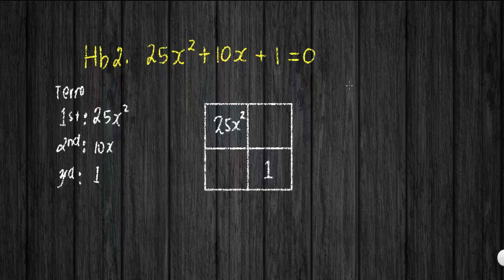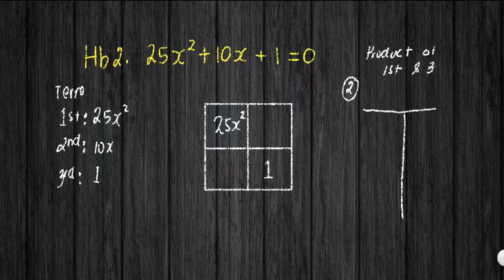Ngayon, ang next step naman natin, for our second step, we will have to get the product of the first and the third term. Ayan, so yung first term natin is 25x squared, and then yung last term naman natin is 1, and that will result to 25x squared.